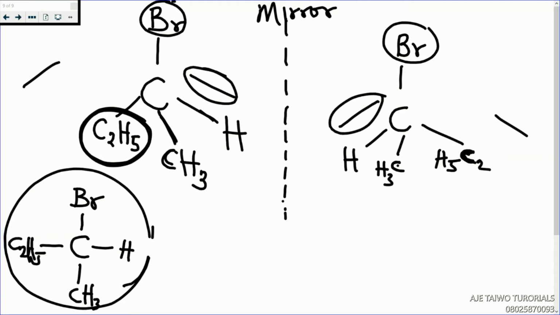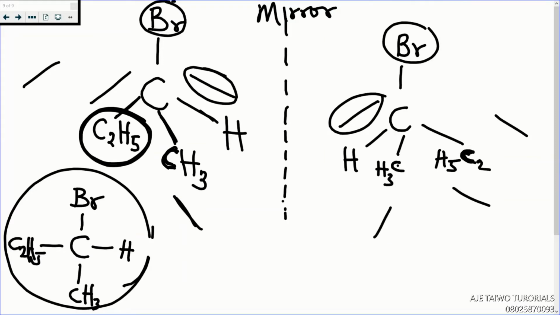Left has become right, right has become left. See this one also, which was like this, it has changed to this. C2H5 has become H5C2, with the bond attached to carbon. This is CH3, and see how the bond looks.